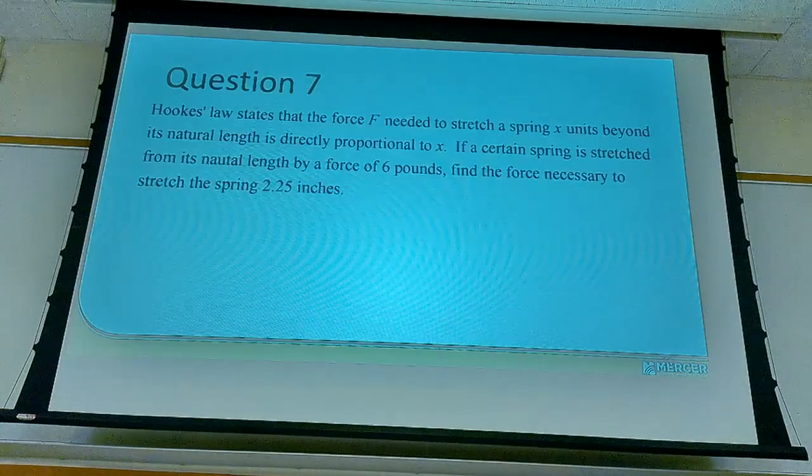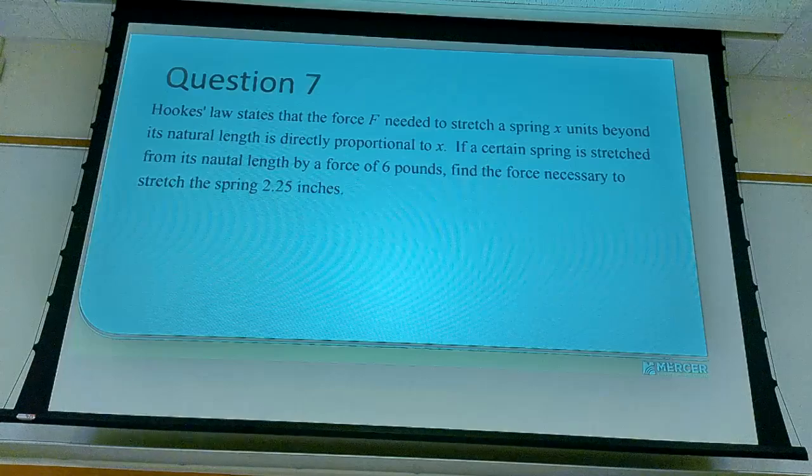The actual statement is when a spring is either stretched or compressed beyond its natural length, it exerts a restoring force that is proportional to the stretch or compression in the opposite direction. That is the actual Hooke's law statement, which can be reworded to this.